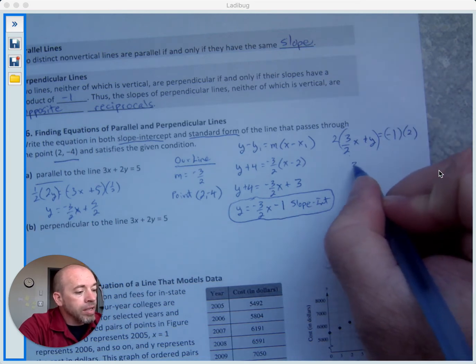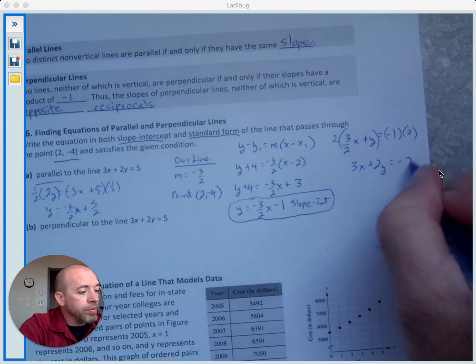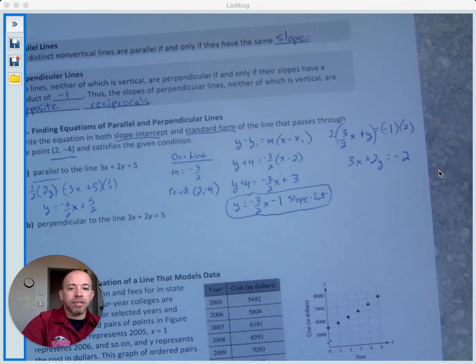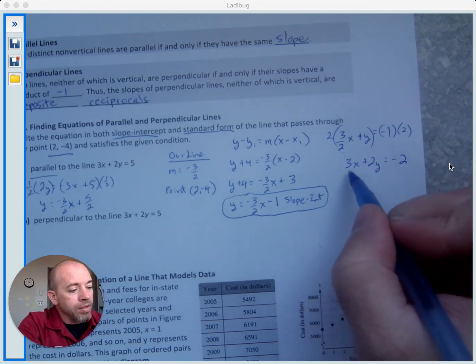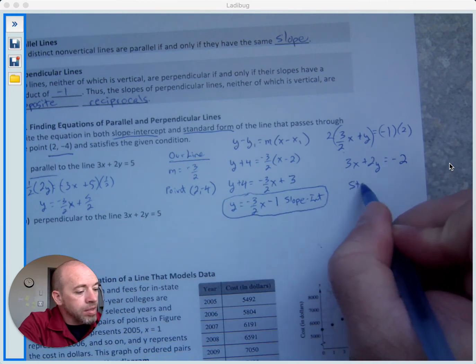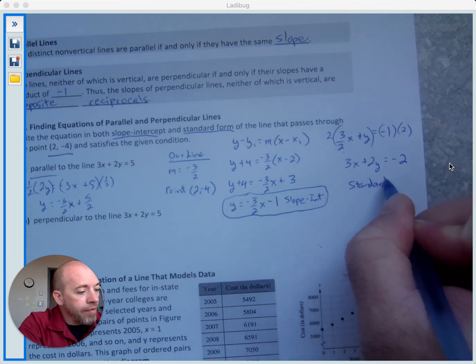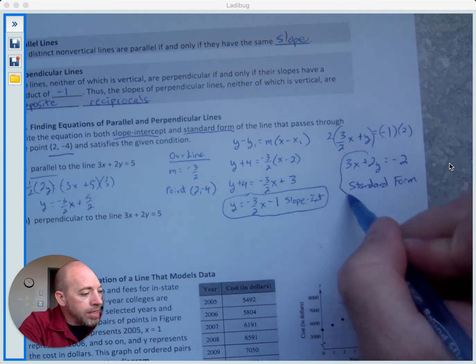So we get 3x plus 2y equals -2. So that would be standard form. The coefficient of x is positive, so we don't have to worry about that. This is standard form. So we found both slope-intercept and standard form.